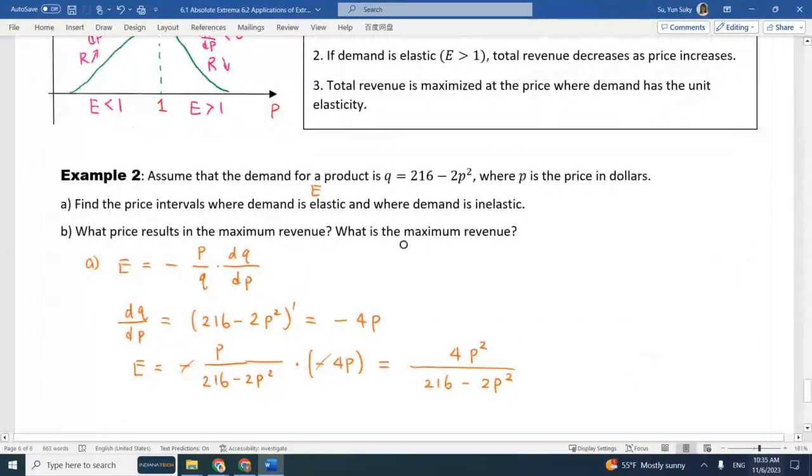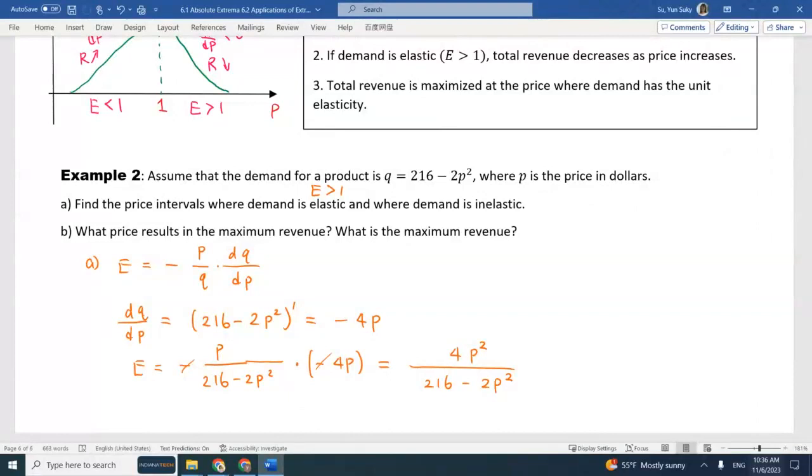I mean, the demand is elastic when the elasticity is greater than 1. Okay. So if it is 1, what does that mean? Well, that means if your price increased 10%, your demand changes 10%. It's the same ratio. Okay, everybody?